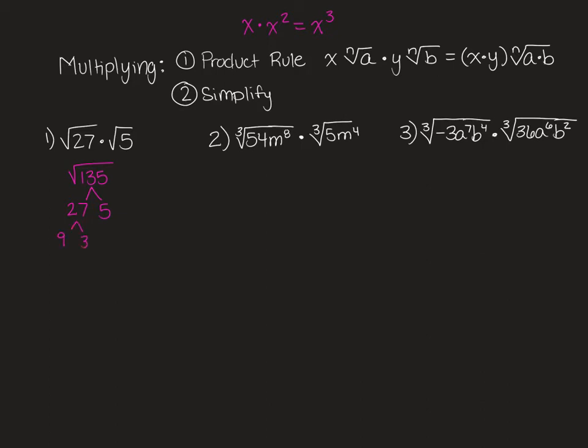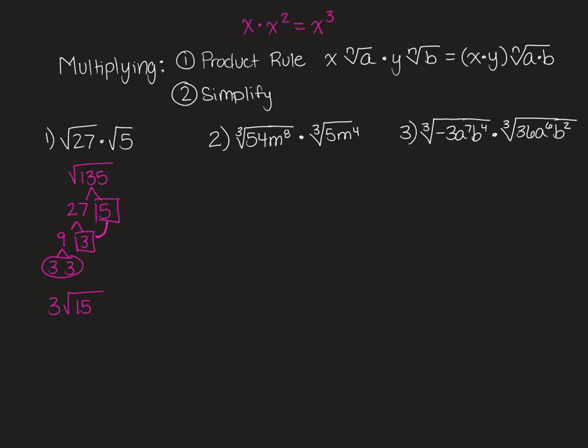This will give 9 and 3, 3 and 3. So there's my group of 2. I have a 3 and a 5 left over. So this will become 3 square root, and you will multiply those that are left over. So 3 times 5, that'll give 15.